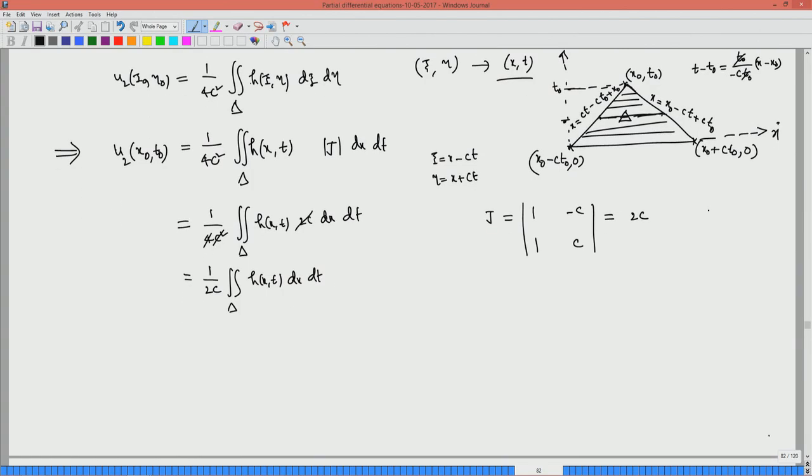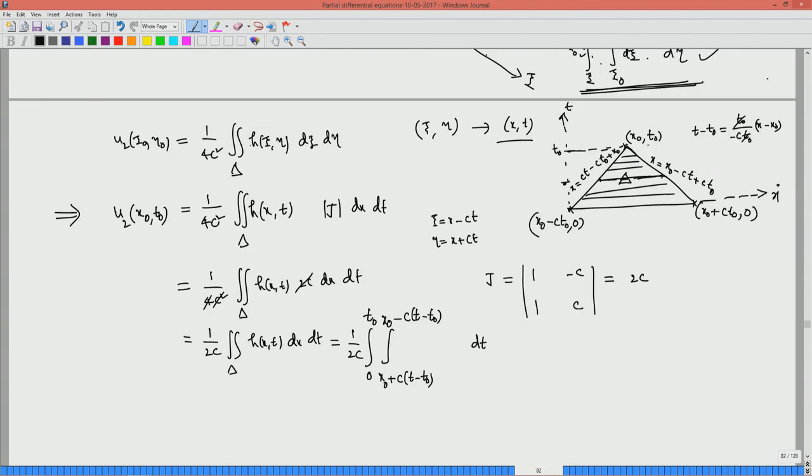So, if I write this as an iterated integral, what you have is 2c, now I have 0 to t naught dt. Now, the other iterated integral is running from x is from x naught plus c times t minus t naught to x naught minus c times t minus t naught, okay.